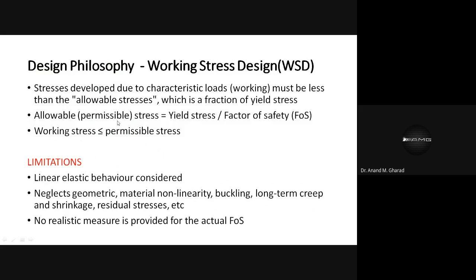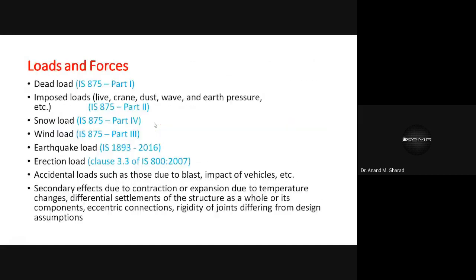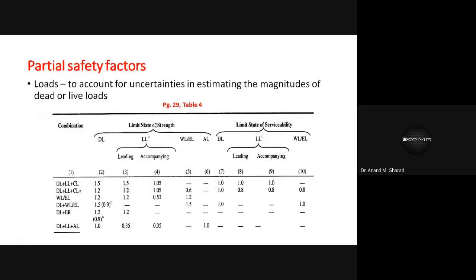Isn't it? Am I right? In working stress design, you have used the factor of safety as yield stress divided by the allowable permissible stress. However, in limit state design, what has been done?